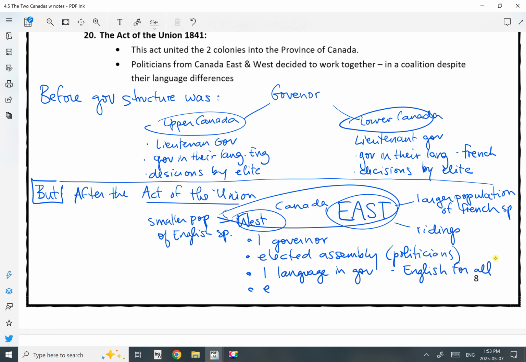And each riding, if you want to play 7-Up or whatever, the deal was you write this down. Each riding got the same number of representatives or politicians.